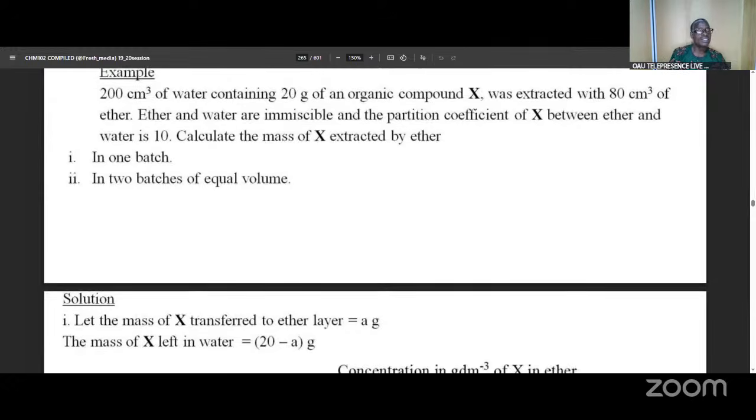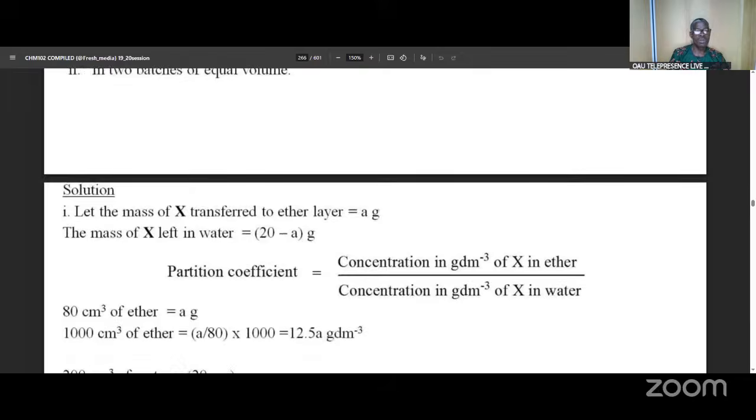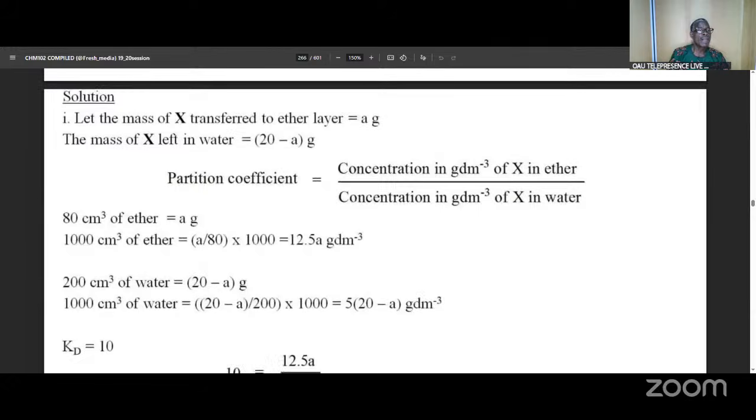Now, let's see what the result will be. So solving for the first one, that is in one batch, let the mass of X transferred to the ether layer be A. So let's use A to mean the amount of X that is transferred to the ether layer in grams. Of course, if A is subtracted from 20, then that will give us the mass of X that is left in water.